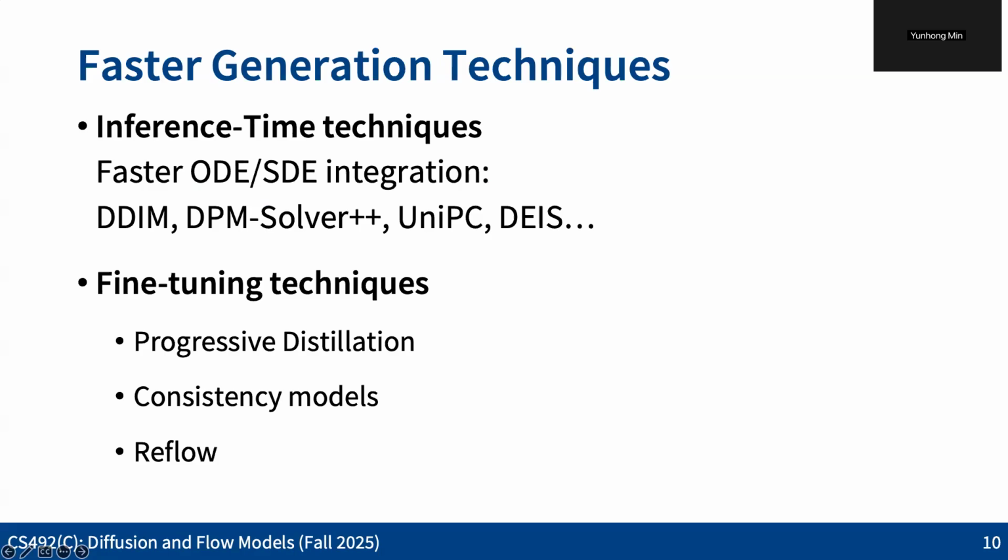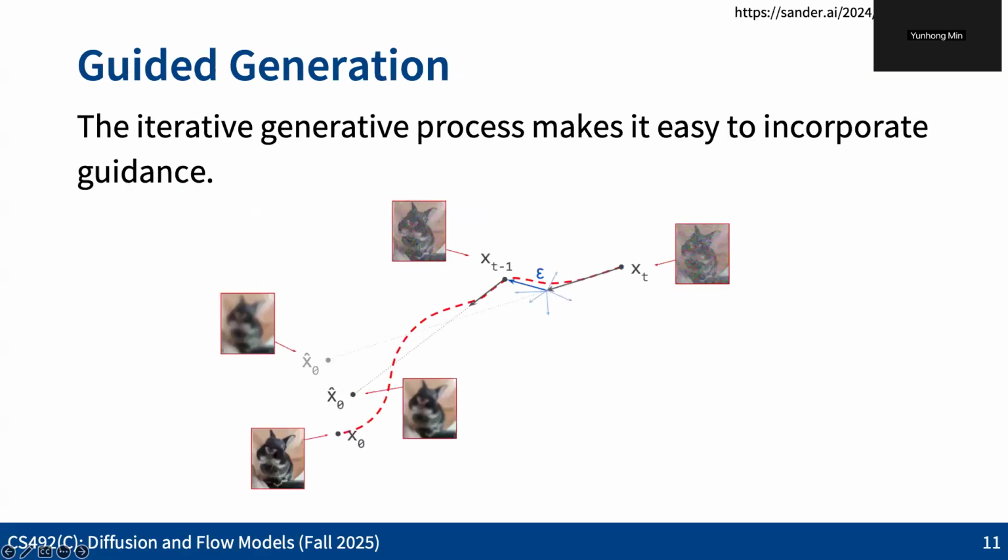But what we are going to discuss today is that this iterative process can actually be useful for injecting guidance. What we have seen in the previous lecture is that the generation process of the diffusion and flow model is all about making a trajectory, right?